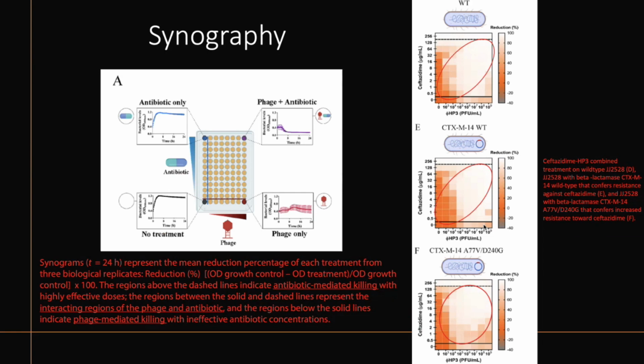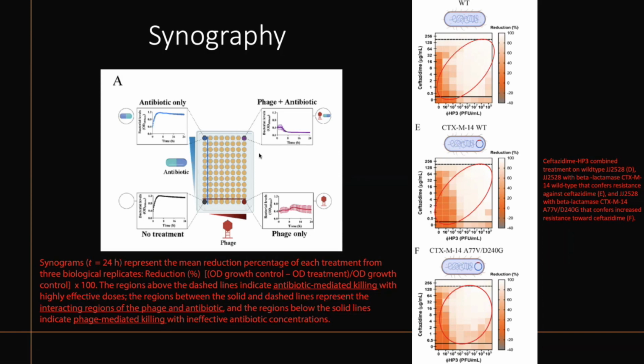Kennedy will appreciate it. So this is essentially a microtiter plate with different concentrations of the phage on the horizontal axis and different concentrations of the antibiotic on the vertical axis.